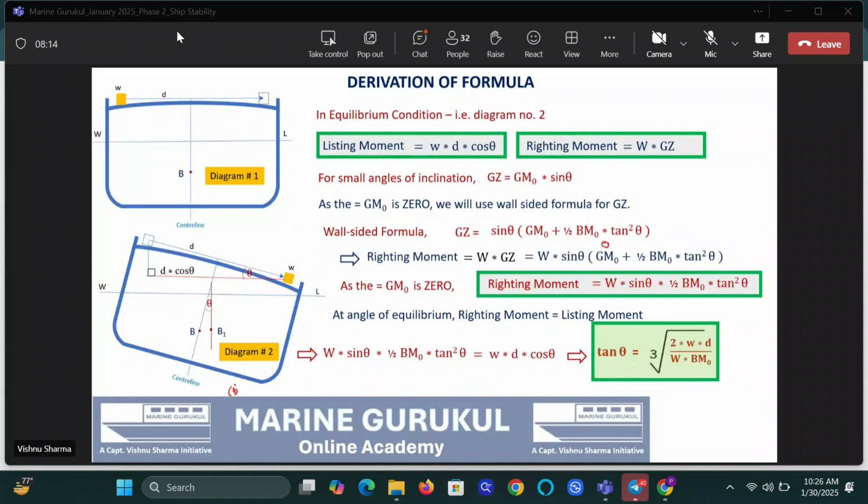It's cube root, not square root, class. It's cube root and not square root because it was becoming tan cube theta on the other side. This formula is also in the sheet that I have sent. Only thing is, there instead of D, S has been used as the distance because I copied it from the book.